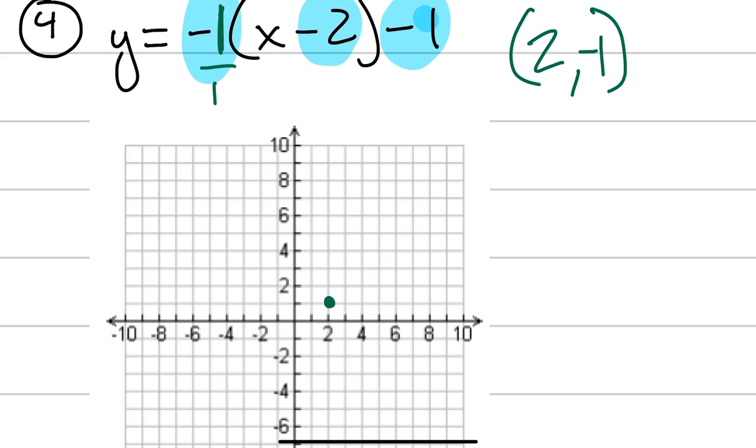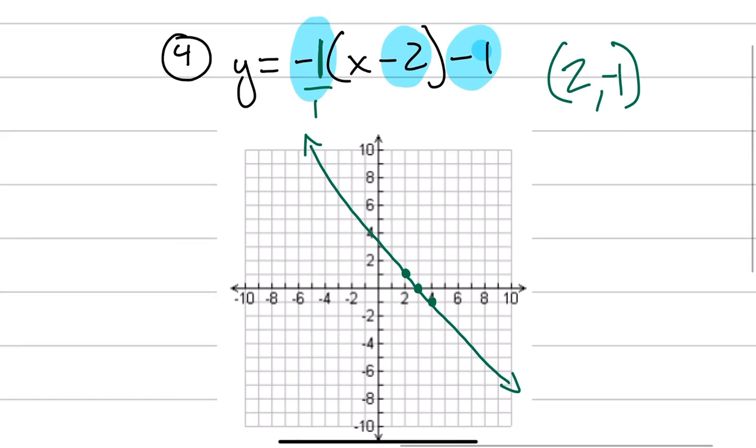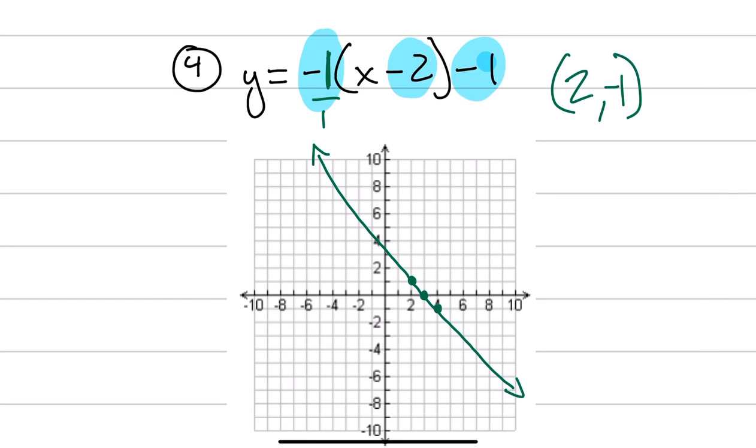All right, so we're going to go down 1 over 1 right here. I'm going to do that again. Going down 1 over 1 right here. Cool. So then we have our 3 dots, drawing my line. It's not very clean, and that's okay. That would be number 4.